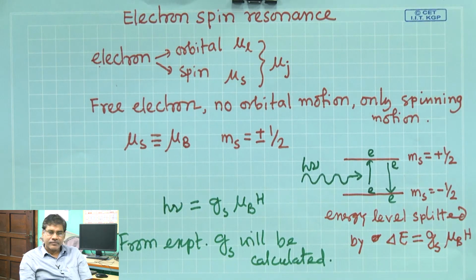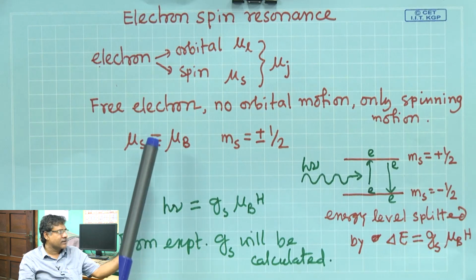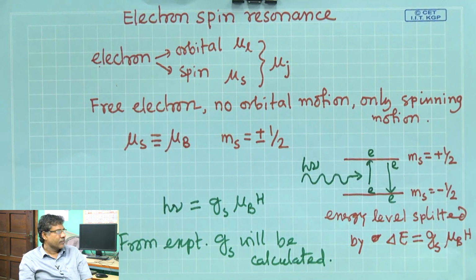So we take the magnetic moment as mu S, whose value is 1 Bohr magneton. For one electron the spin magnetic moment is 1 mu B.